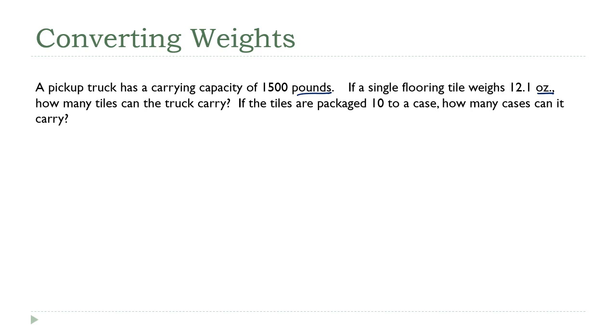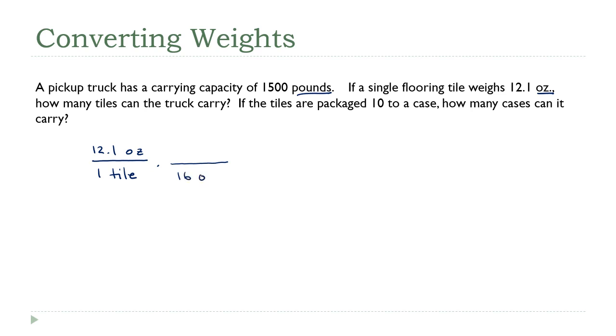So the first thing I'm going to do is convert those ounces into pounds. So I have 12.1 ounces, and this is actually a kind of a conversion factor here. It's 12.1 ounces per one tile, and I need to convert this into pounds per tile. So to do that, I'm going to use my pound conversion factor, pounds to ounces.